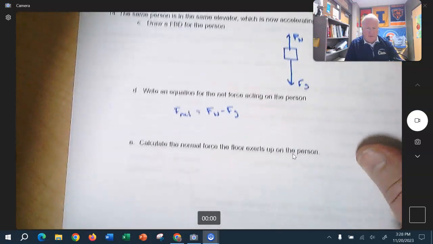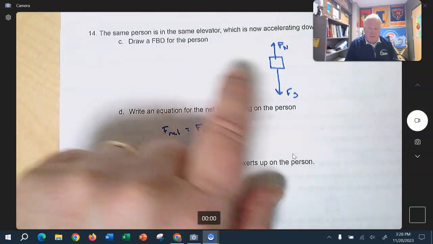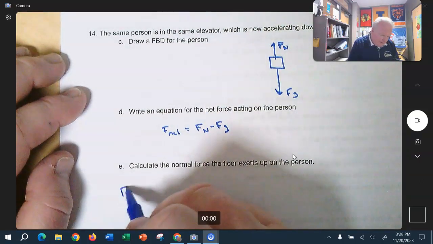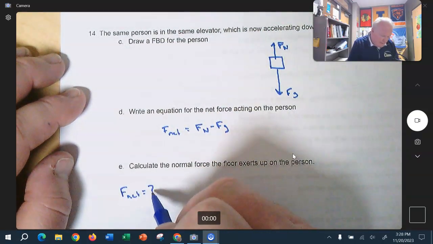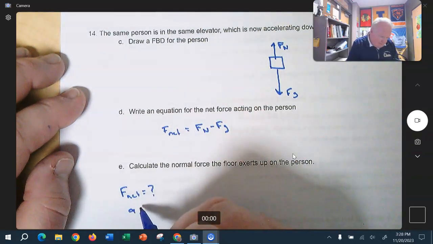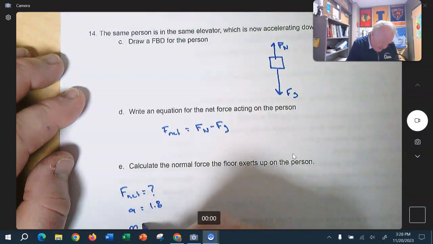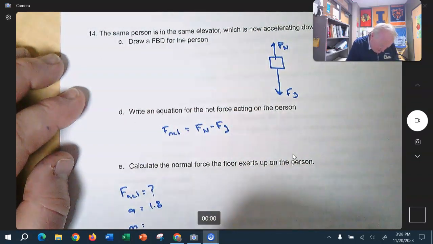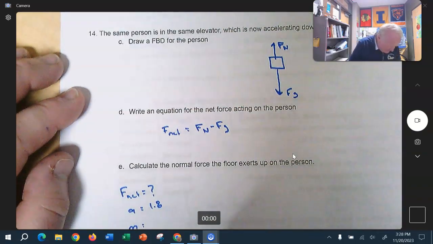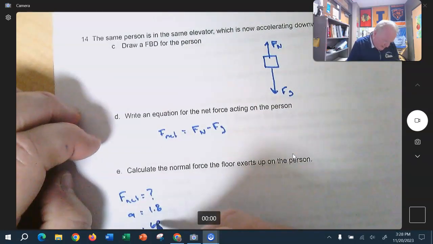Now, here's the problem where it gets difficult. The object is accelerating. So if we look at this, the F net, we don't know. All right? But we do know the acceleration is 1.8. And we do know the mass is 68.